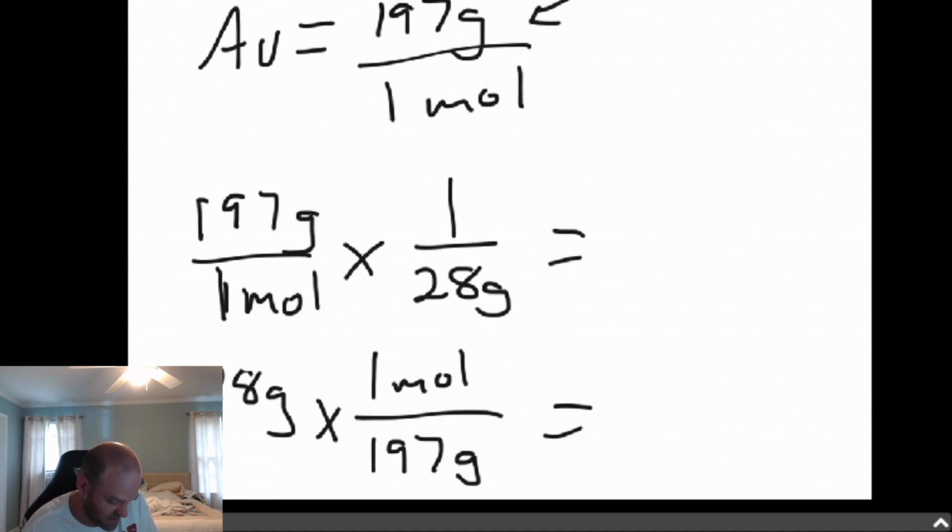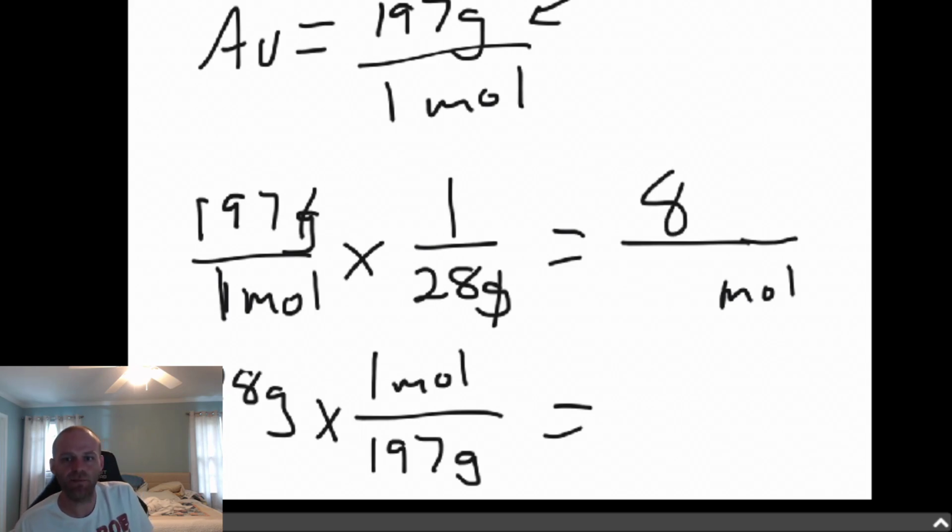Then my grams cancel out, but I end up with my moles on the bottom because I can't just move it to the top. So whatever answer I'd get, let's call it 8, it'd be 8 per mole, and we're not wanting a per mole, we're wanting moles. If it's on the bottom, it has to stay on the bottom in the answer too.